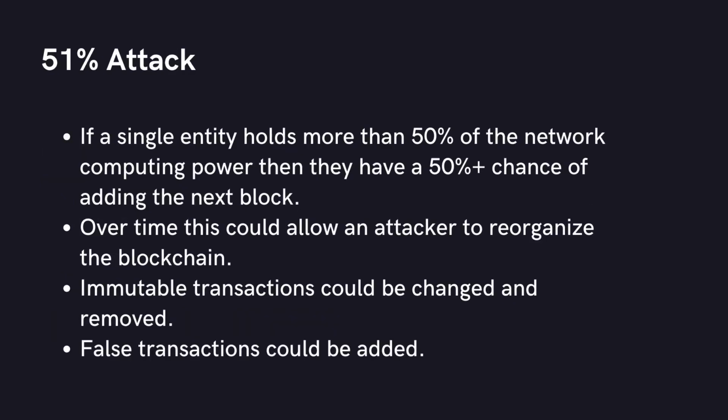Now let's talk of a 51% attack. If a single malicious entity holds more than 50% of the network computing power, then they have an over 50% chance of adding the next block. Over time, this could allow an attacker to reorganize the blockchain; immutable transactions could be changed and removed, false transactions could be added. For most proof-of-work based blockchains, these attacks are almost impossible to perform on classical devices due to extremely high network hash rates.